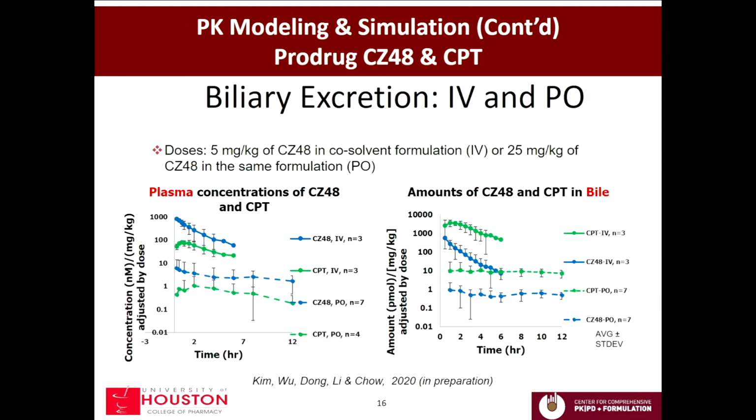But we also did the oral route. It's very interesting to see that in the plasma, CD48 is significantly higher than CPT, but in the bile it's mainly CPT and much lower CD48. This is IV and oral, okay? But this is the bile. Bile is CPT, significantly higher than CD48.